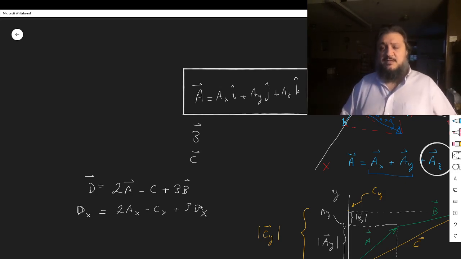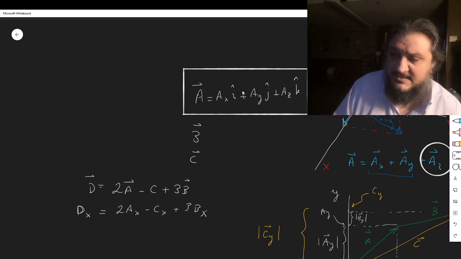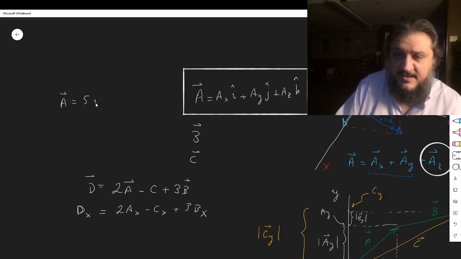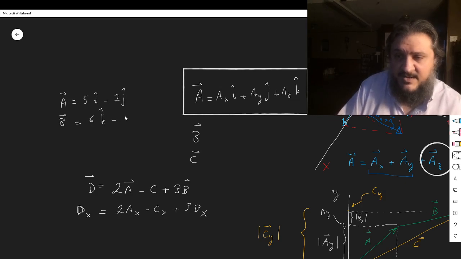But if you just want to take the vectors which are given in terms of unit vectors, let's say a is 5 i hat minus 2 j hat, b is 6 k hat minus 2 i hat, and c is 3 j hat.